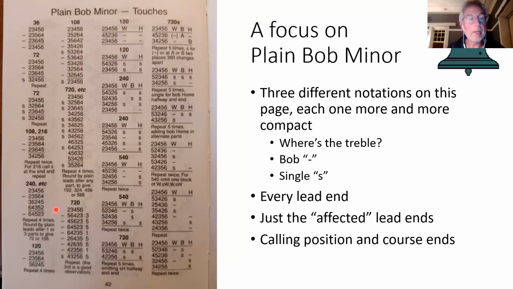So bob, plain, bob, bob, plain, bob, bob, plain, bob, bob, plain, bob. And interestingly, it sort of bounces in and out of the plain course every iteration. So that's quite a fun one also. But there's no observation bell. Everybody's got a bit of fun in that one.